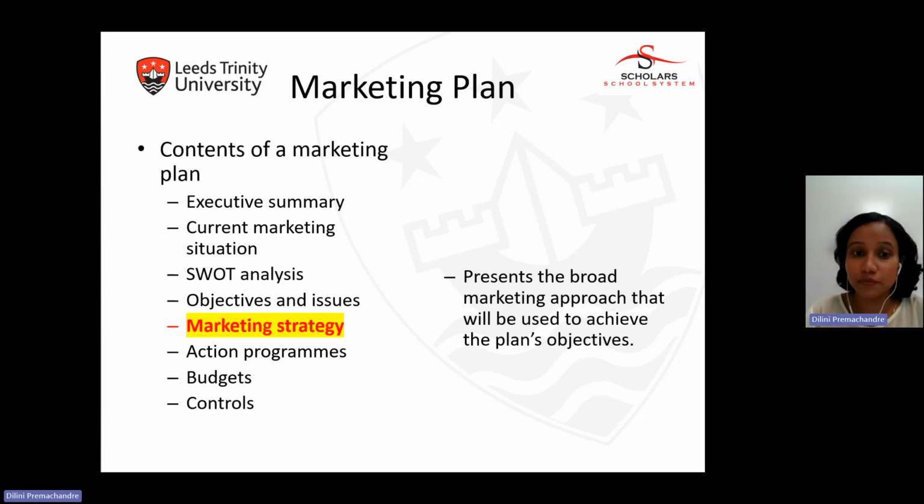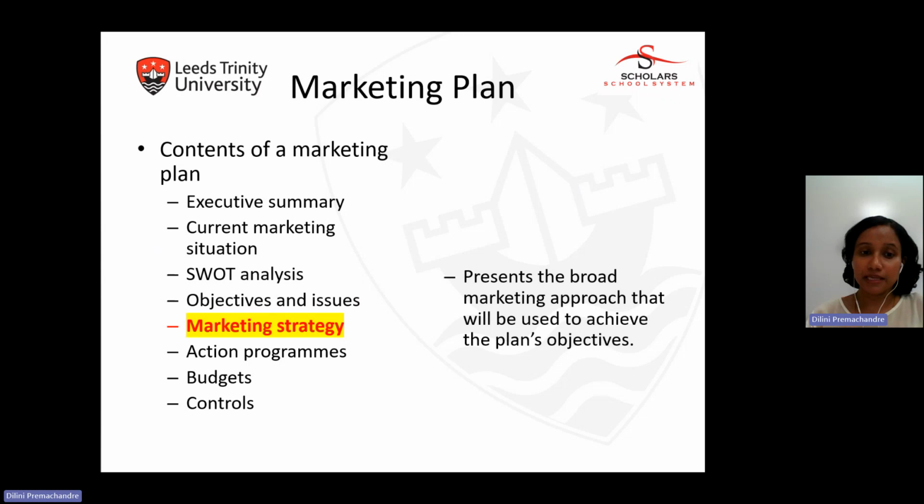In the next section, you will be explaining the marketing strategy. In the marketing strategy, you will mainly be explaining the 4 Ps, where you explain the product elements. Under product elements, you will be explaining the product features, the quality level, and what kind of guarantees you have.